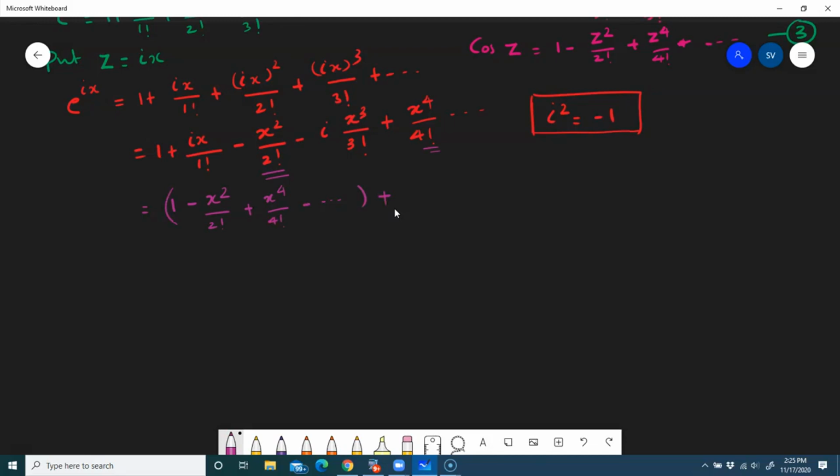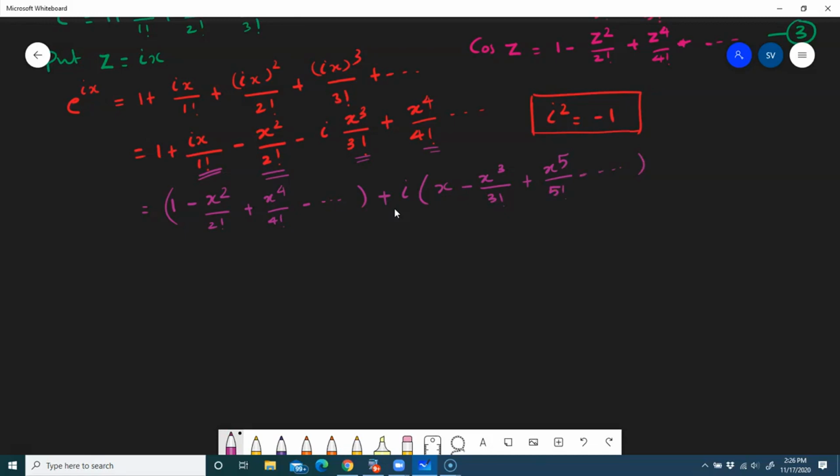Plus the imaginary terms, plus i times x minus x cubed by 3 factorial. We have x here because 1 factorial is 1, that is why I wrote only x. Then plus the next odd term, x to the power 5 by 5 factorial, minus, and so on. The terms will go like that.